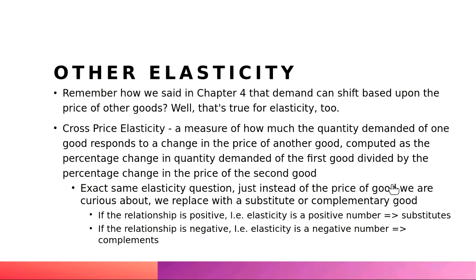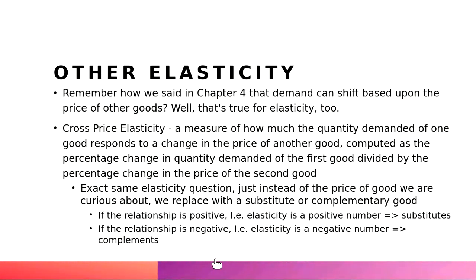If the relationship is negative, i.e. elasticity is a negative number, that means they're complements. So for example, say Coca-Cola and pizza prices go up dramatically. If you see that pizza prices go up and the quantity demanded for Coca-Cola goes down, so you have Coca-Cola's quantity demanded being a negative number and the price of pizza going up being a positive number, that's an example of a complement and how the elasticity and quantity of Coca-Cola is affected by the change in a complement, say pizza.